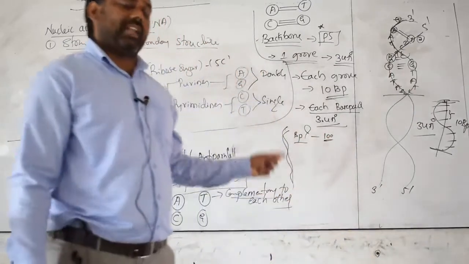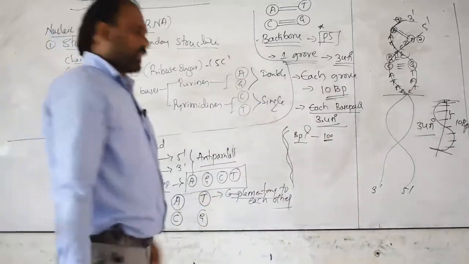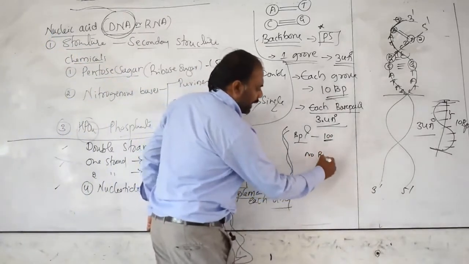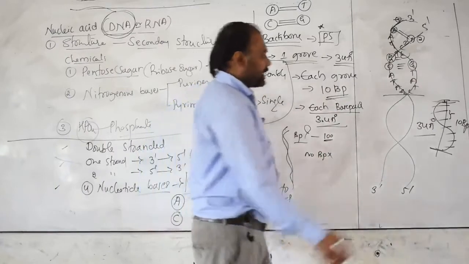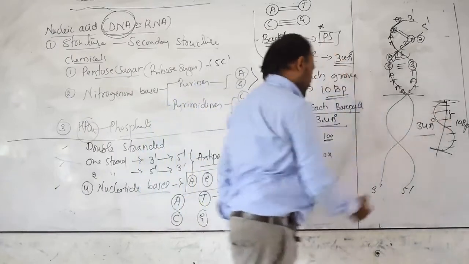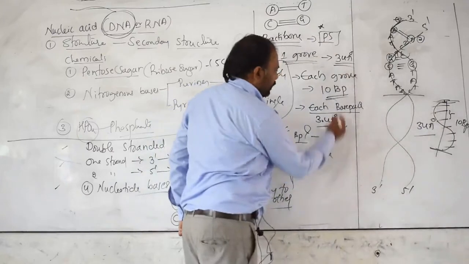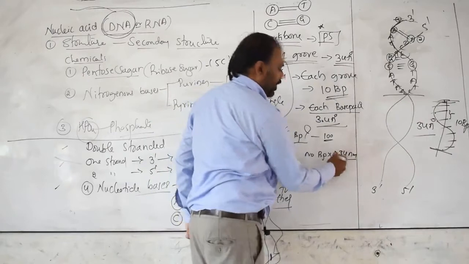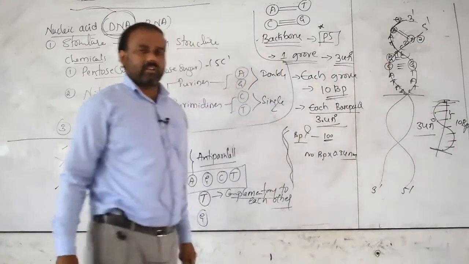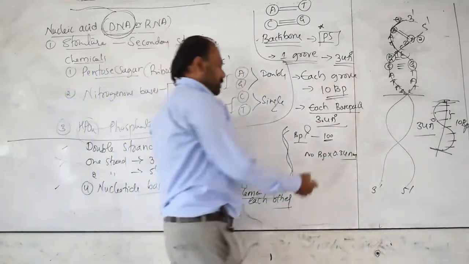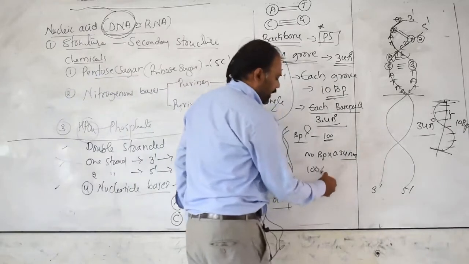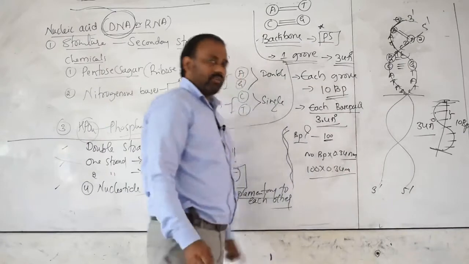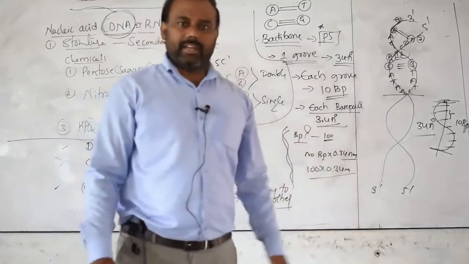Now tell me, what is the length of the DNA? Simple to calculate: number of base pairs into the distance between each nucleotide base, that is 0.34 nanometer or 3.4 angstrom. Both are one and the same. So the simple calculation is 100 into 0.34 nanometer. That gives you the length of the DNA.